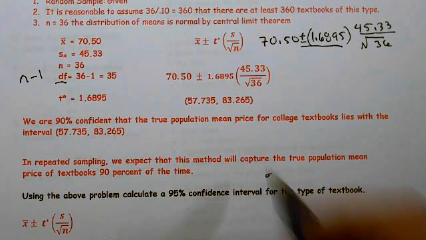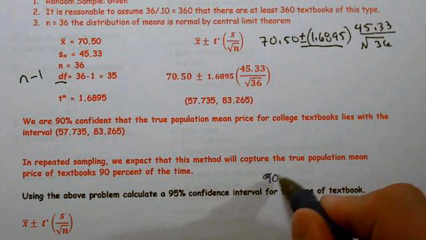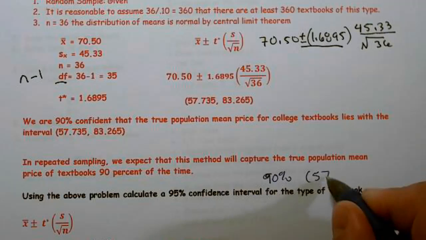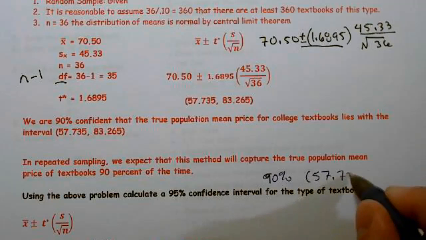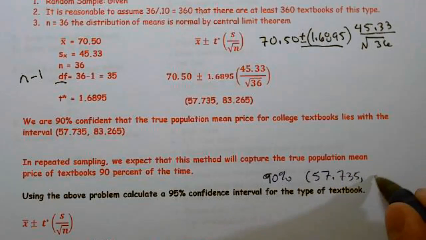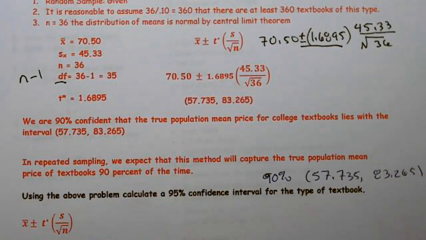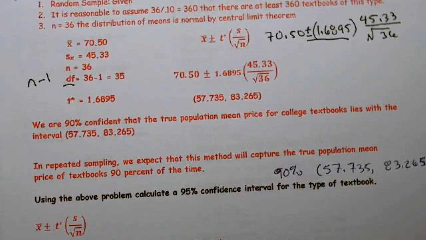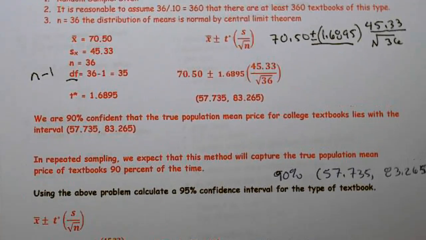Our 90% one that we calculated previously was 57.735 and 83.265. So that's what we previously calculated. I just wrote it down here because I'm going to slide this up and I want to be able to see it. So then it says calculate a 95%.